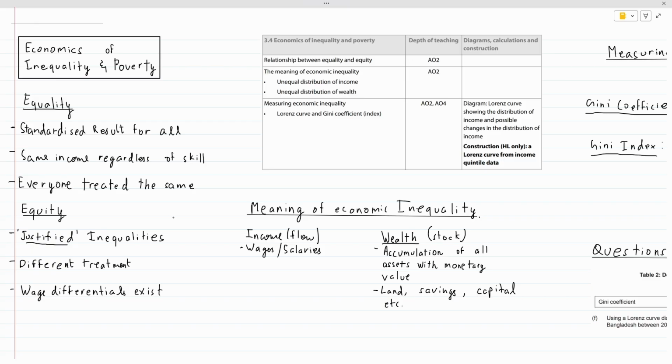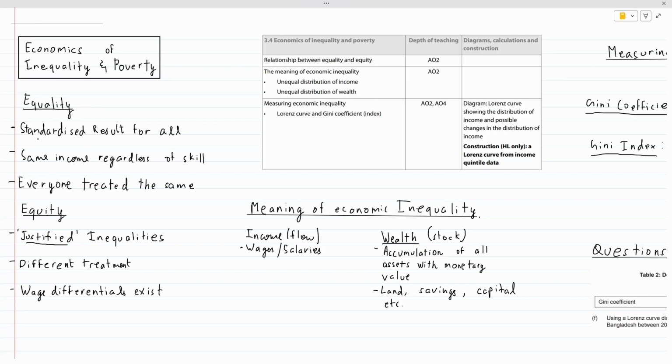Again, though this is not equality, it is an aspect of fairness as you're trying to give them the same equality of opportunity as everyone else and trying to provide some opportunity for upward mobility out of that life of poverty. So it's pretty important to keep these two basic ideas in mind when looking at this chapter.